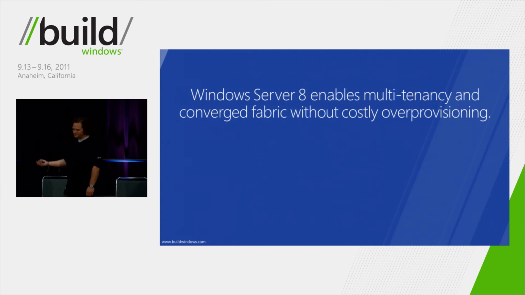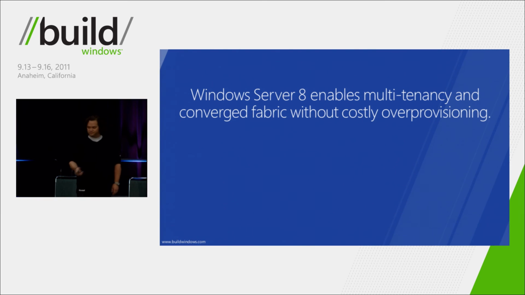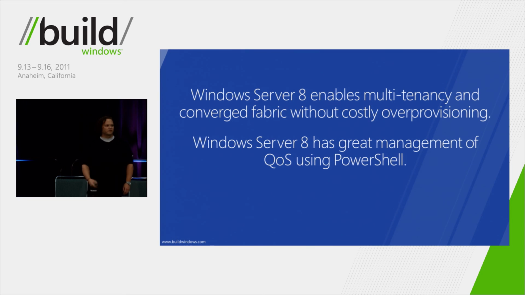So finally, as we mentioned, we enable multi-tenancy in the data center using traffic classification, using our new QoS minimum bandwidth policies. We enable a converged fabric in Windows Server 8, and you don't have to over-provision. We have a great management story. I hope you noticed that all these policies that Charlie was demonstrating were very simple PowerShell scripts.